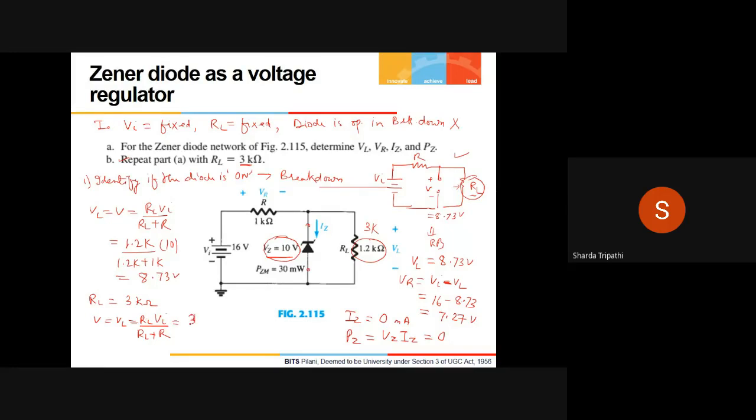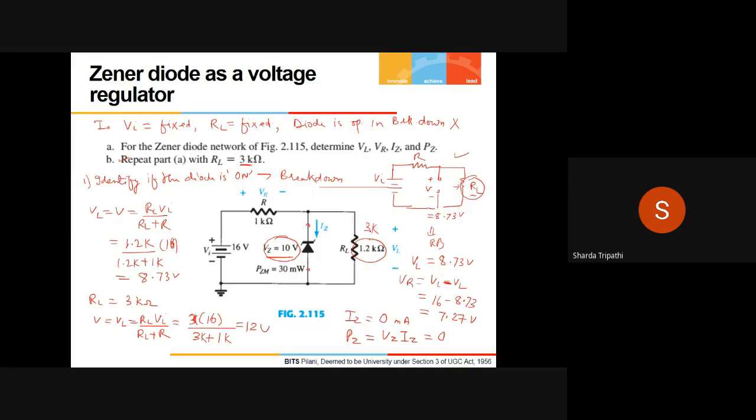RL now is 3, VI is 16, divided by 3 plus R is 1. This is 3K, this is 1K. So if you solve this, how much it will be? 16 divided by 4 is 4, 4 3s are 12.